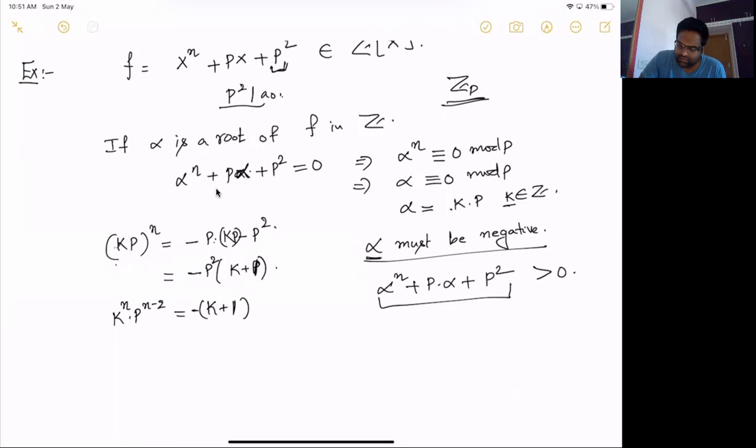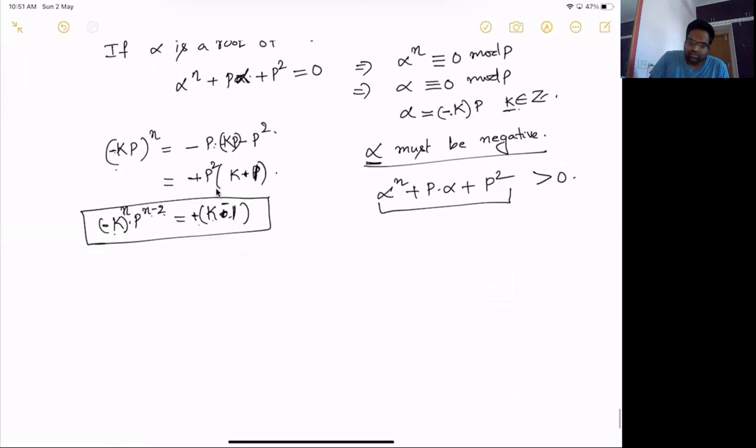Now you can say k is positive, and we have (-k)^n times p^(n-2) equal to k - 1. Now you can see from this equation that this is impossible. So this has no solution.